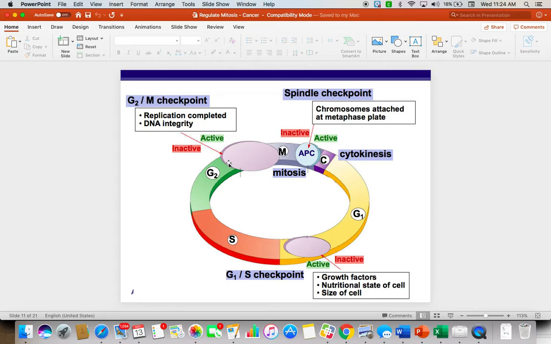If you have cancer, these checkpoints won't stop the cell. They will allow the cell to finish everything out. In mine and your body, if we make abnormal cells, these checkpoints will keep us from getting a cancerous tumor. Does that make sense?